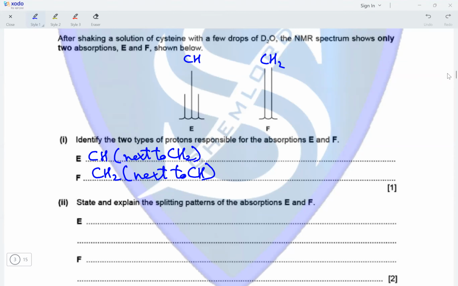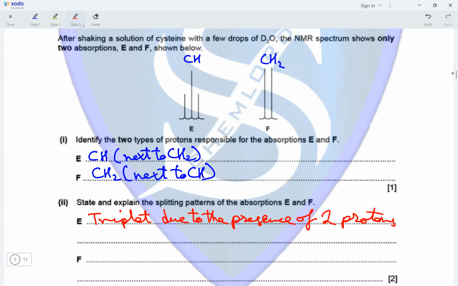State and explain the splitting patterns of the absorptions E and F. So the splitting pattern for E is a triplet due to the presence of two protons in the adjacent chemical environment.